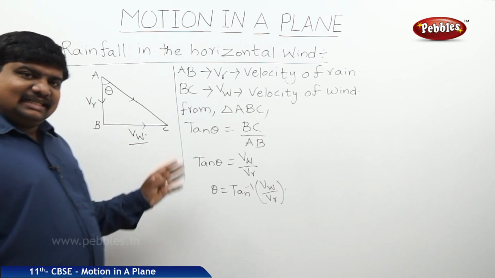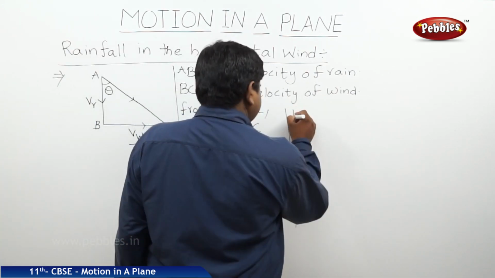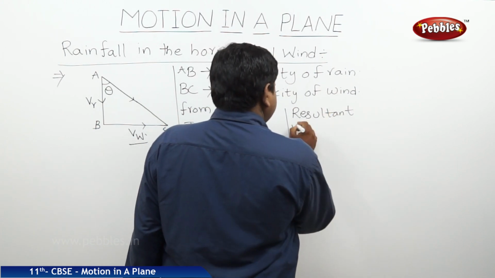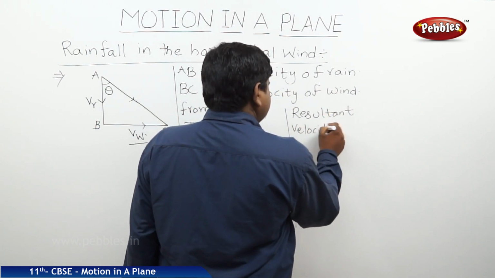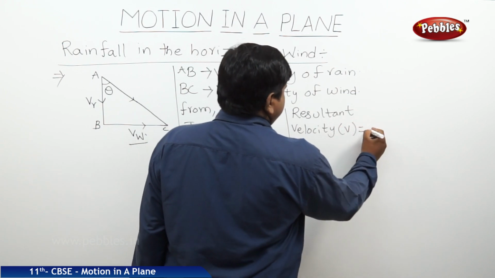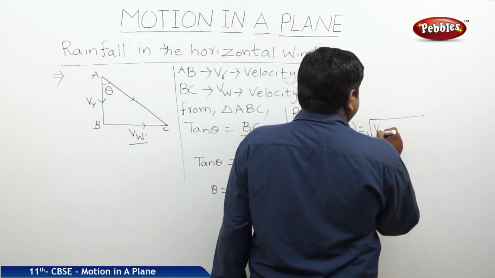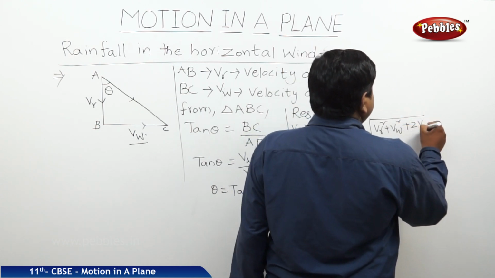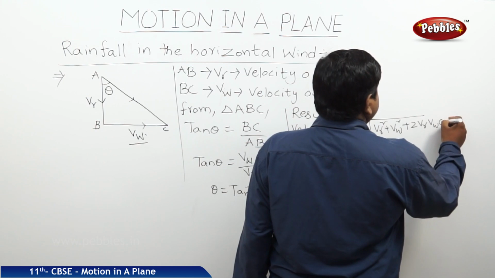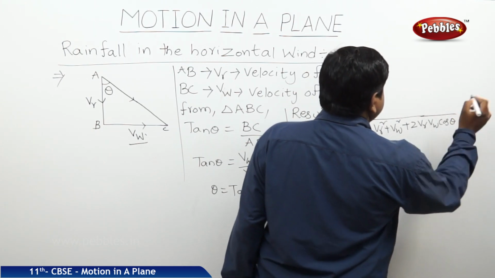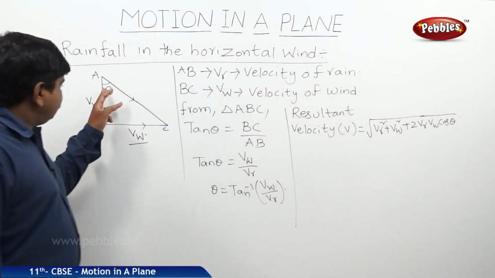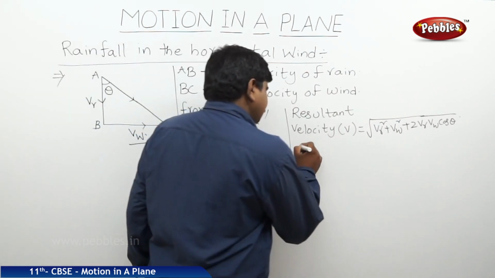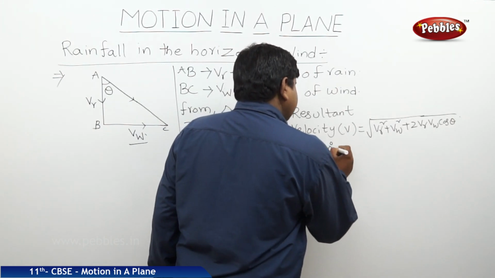Then what is the resultant velocity? V is equal to square root of VR square plus VW square plus 2 VR VW cos theta. The theta between VR and VW is 90 degrees. That's why we can substitute theta is equal to 90 degrees.